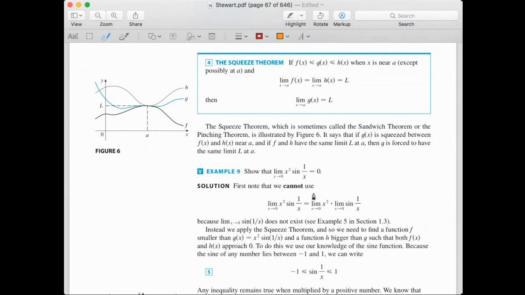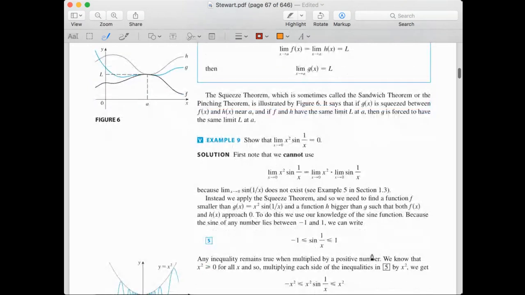The problem is this: for this part, it's a polynomial, so it just becomes 0. But we have no idea about the second part, because 0 is not in its domain. In mathematics, we cannot do 0 multiplied by infinity or negative infinity. It's an undetermined form. So what do we do?